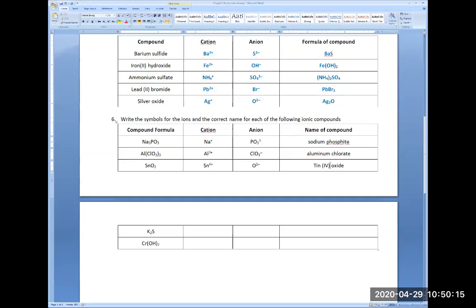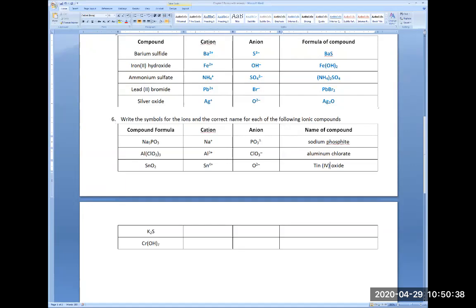Why would it have been obvious? So again, tin is in group 4A, but the metals from group 4A are not predictable ions. It's a variable charge metal.